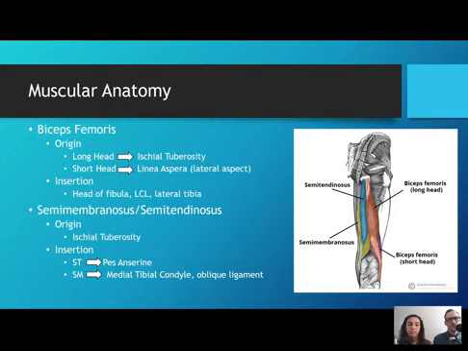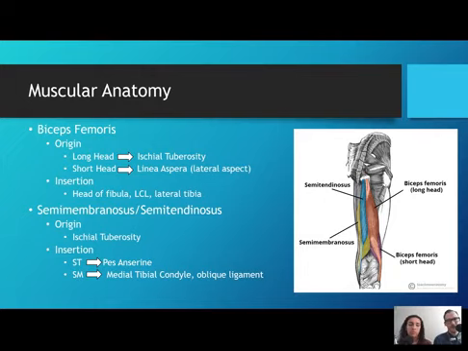The biceps femoris long head originates off the ischial tuberosity. The short head comes off the linea aspera, the lateral aspect of the femur. It inserts into the head of the fibula, LCL, and the lateral tibia, so it has a very broad insertion. Then we have our medial hamstring, the semimembranosus and semitendinosus. These also originate from the ischial tuberosity, and their insertions are a little different depending on the muscle.